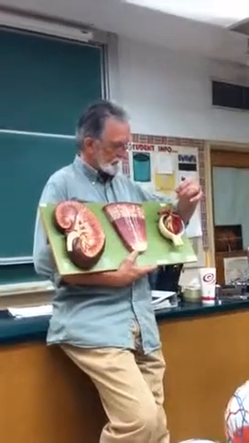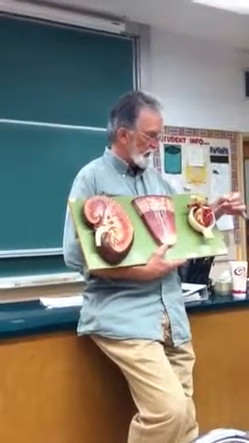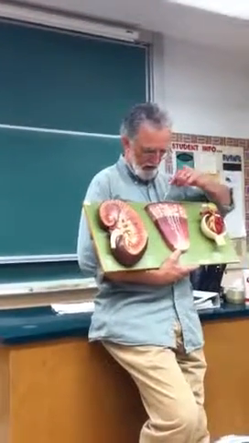Once the blood flows through, it comes in through an afferent arteriole, goes to the capillary bed, comes out through the efferent arteriole, and goes on its way. From here, the filtrate is taken out down into this structure, which is here.